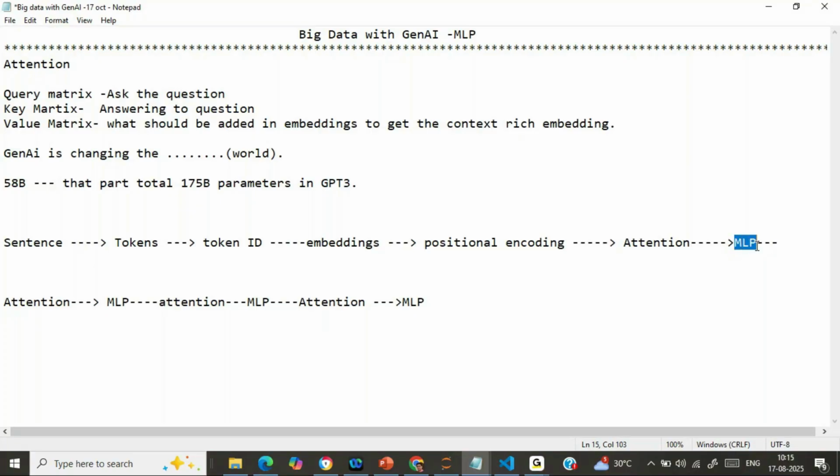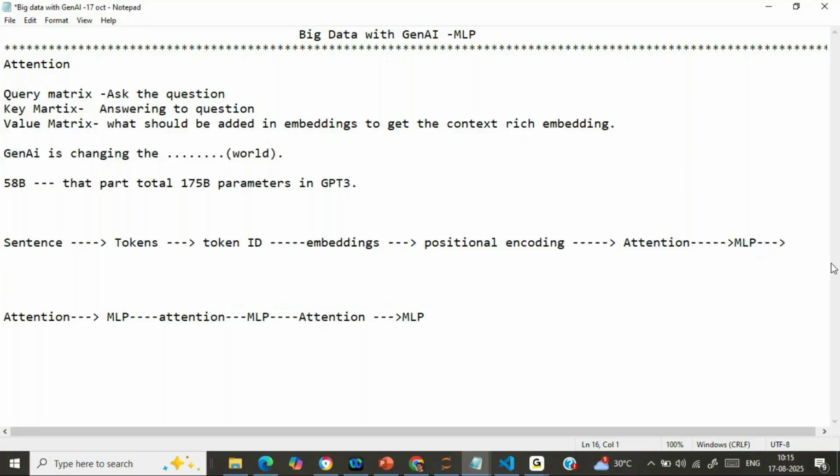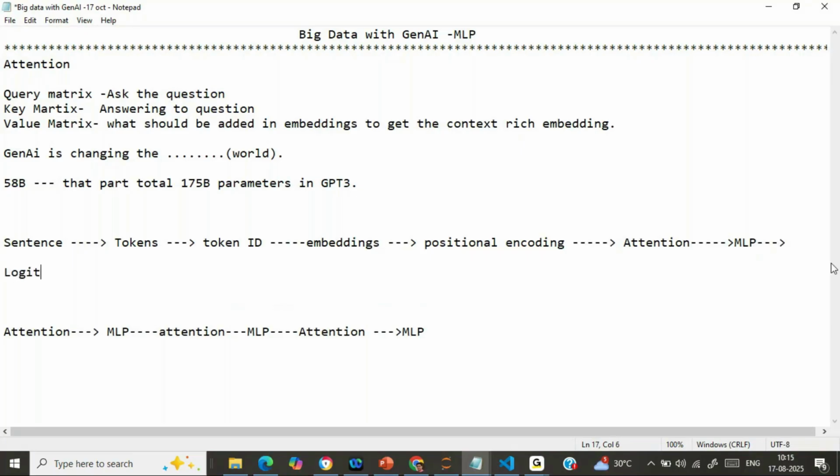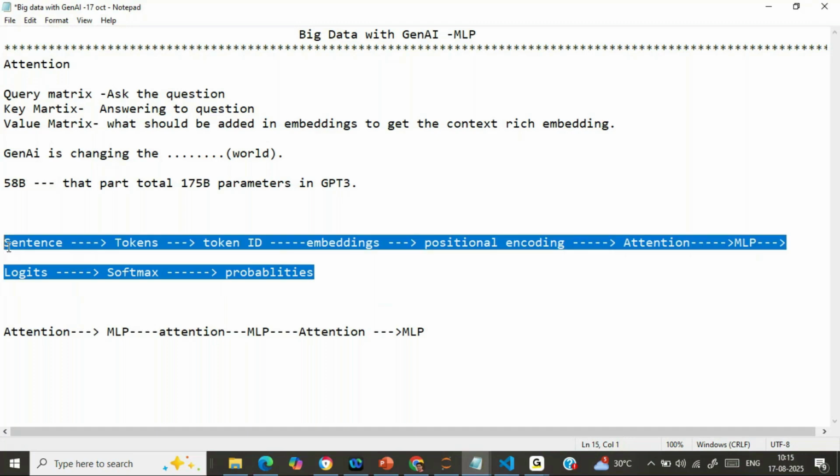MLP is going to add the knowledge from the outside world, that is the multi-layer perceptron. And then from this we will get the logits. Logits are given to the softmax function, and the softmax function will convert them into probabilities.